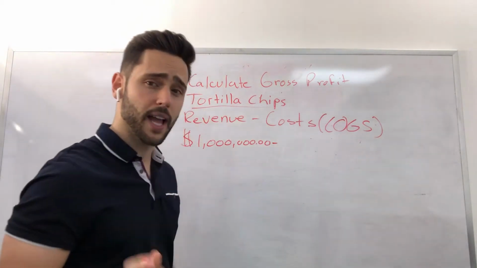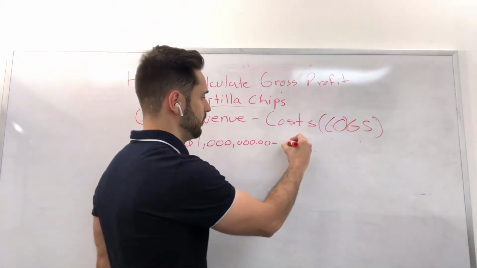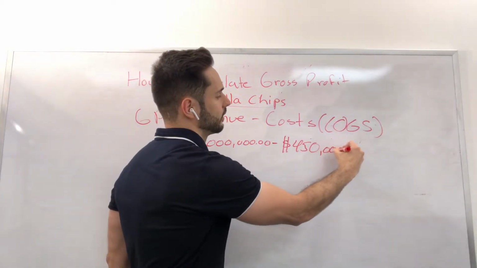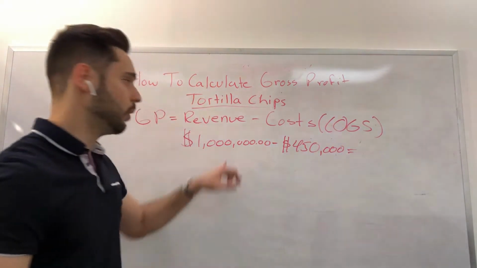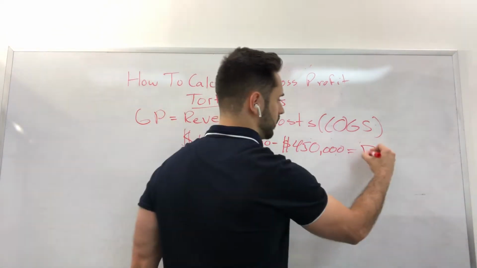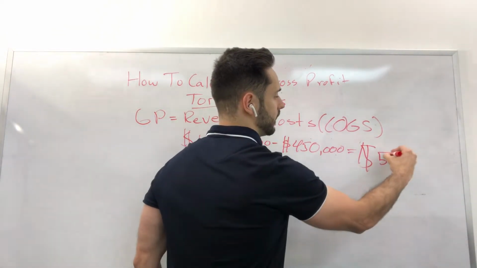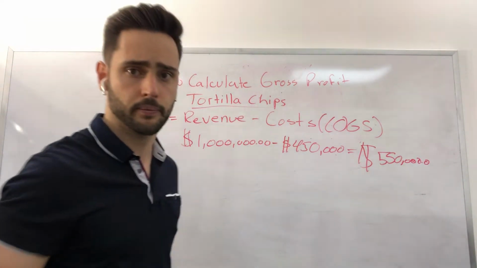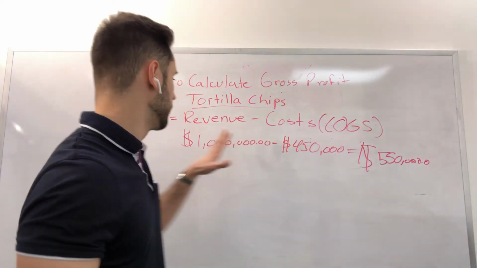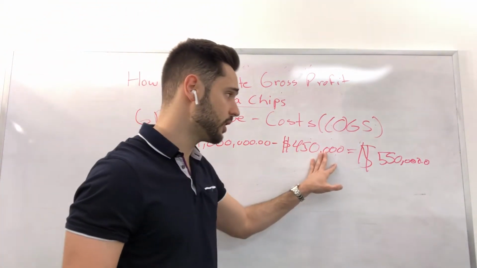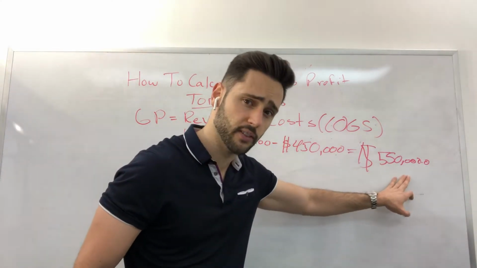So my cost of goods sold is $450,000. $1 million minus $450,000 equals $550,000. So my gross profit is $1 million minus $450,000 equals $550,000.